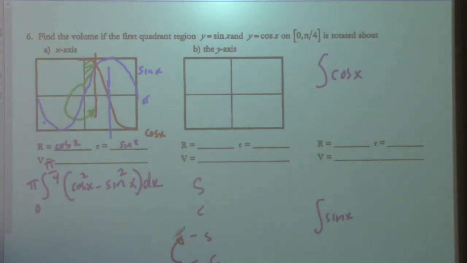This way. So what's our integral of sine? Negative cosine. It was negative cosine x. And our integral of cosine x is going to be sine x.